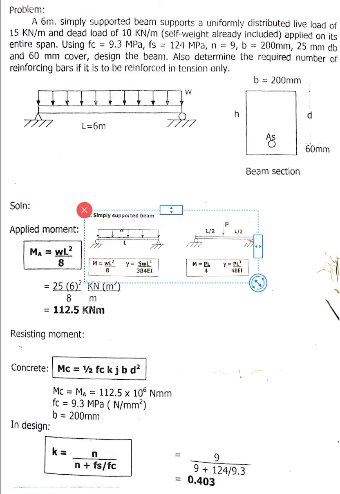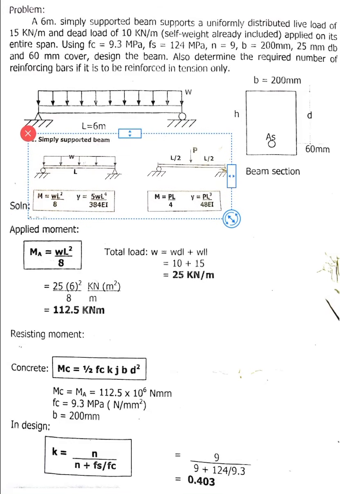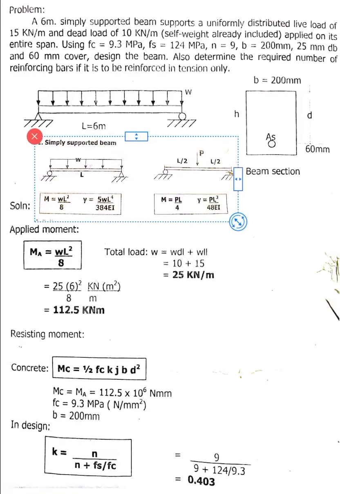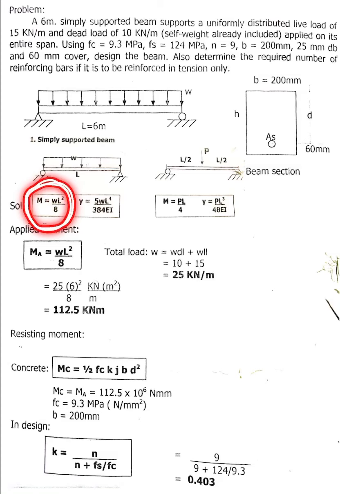And for the maximum moment, you can solve for the maximum moment using shear and moment diagram, or you can use the formulas. I already assigned to you the formulas for the maximum moment for simply supported beam. So for the simply supported beam with the distributed load, you have the maximum moment equal to WL squared over 8.